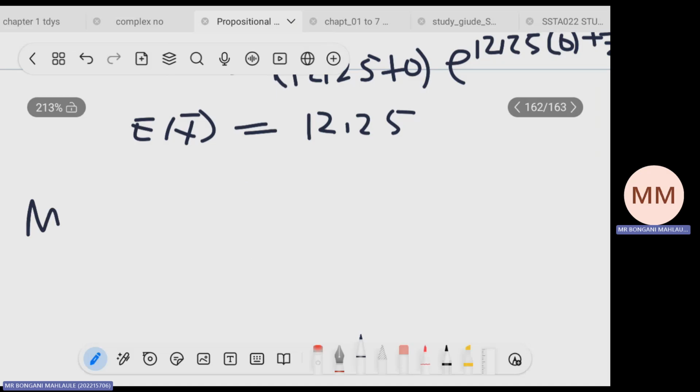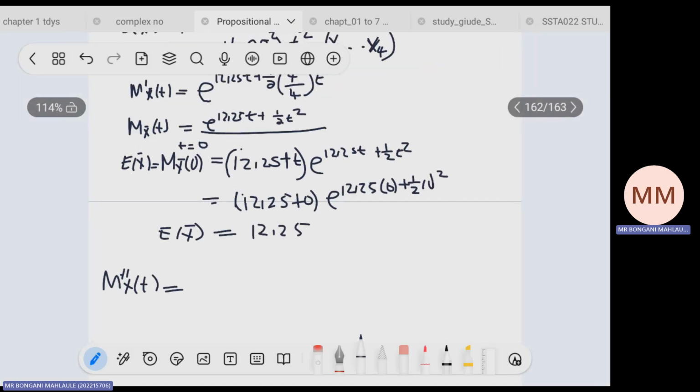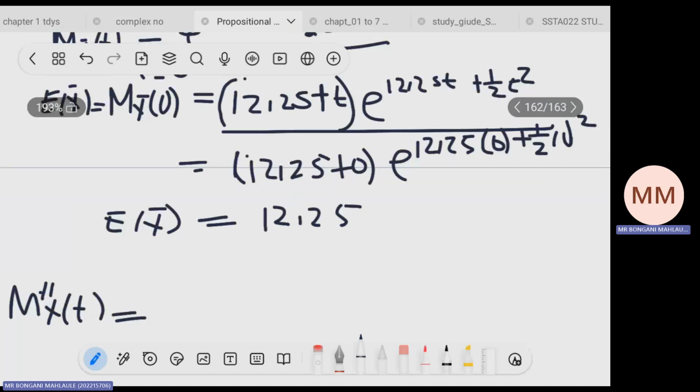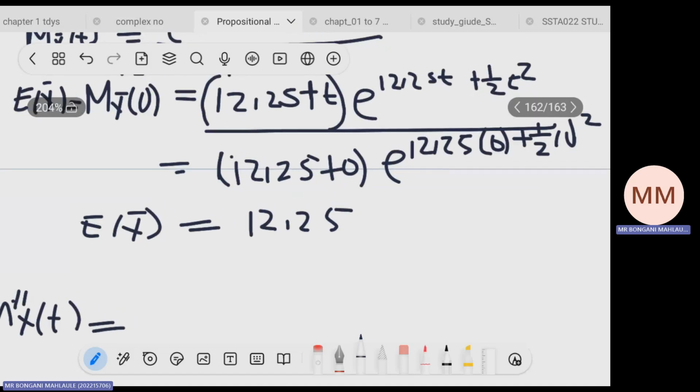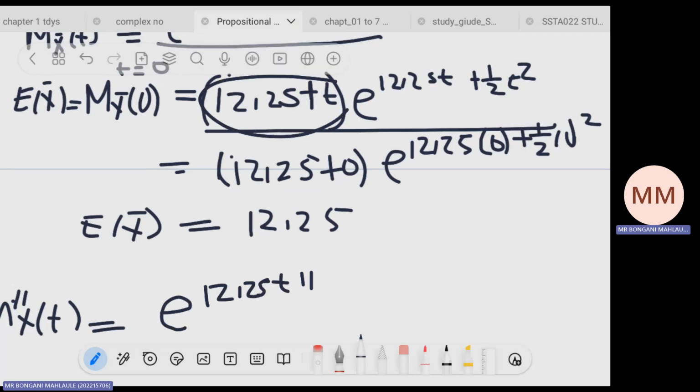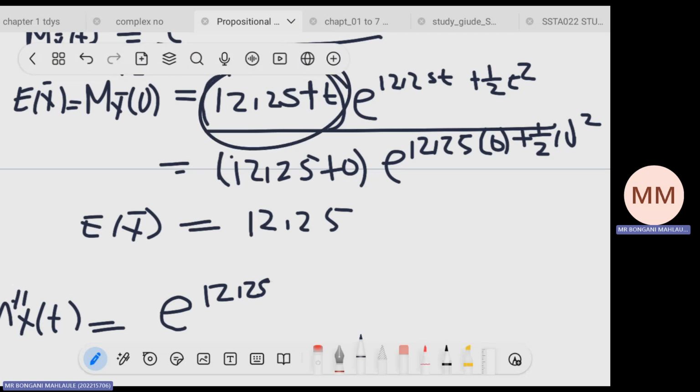So what we need now is the second derivative. So now we must differentiate that again. This will give us Euler to the exponent 12,25 t plus half t squared; remember the derivative of this will give us 1. We are going to use the product rule, obviously. So if I start with this one, the derivative will give us 1 now, so you'll have 12,25 plus t.